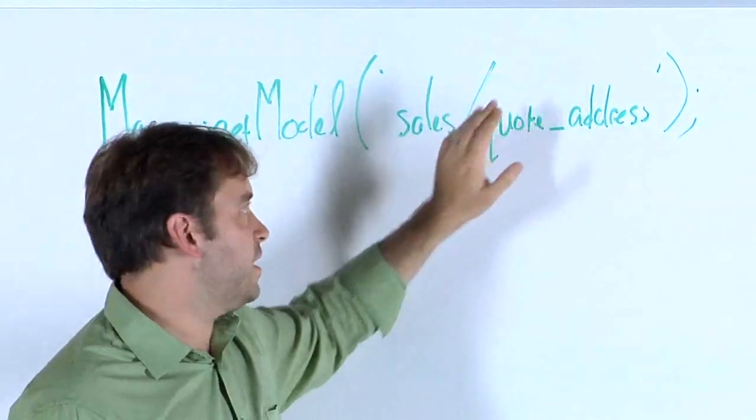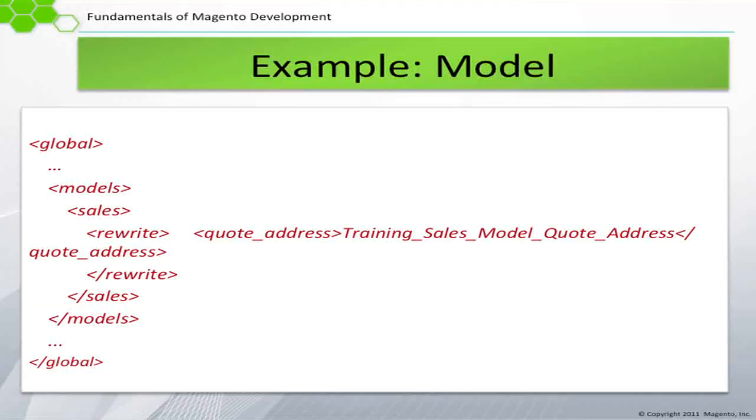The configuration is going to look at that and arrive at that spot in the configuration hierarchy, global model sales. And then before it would go through, normally it would say, all right, we're going to find that class prefix.